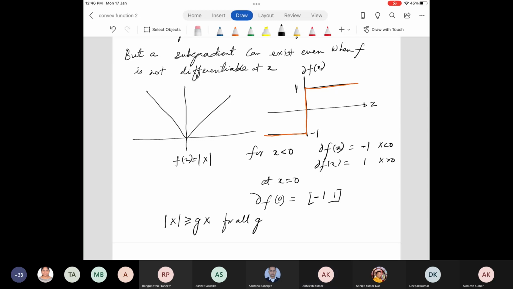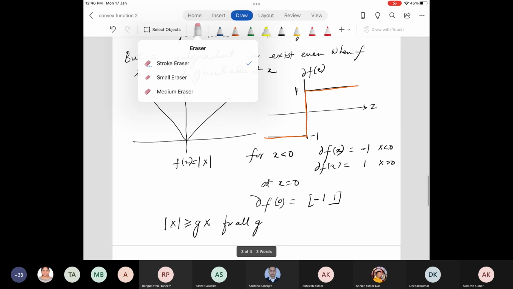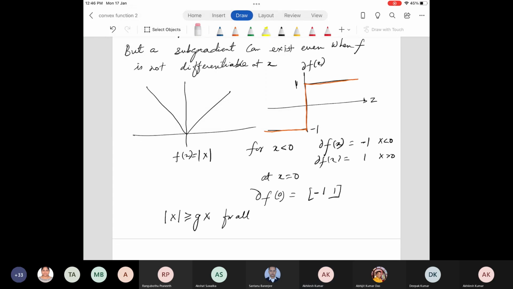This is satisfied if g belongs to [-1, 1].